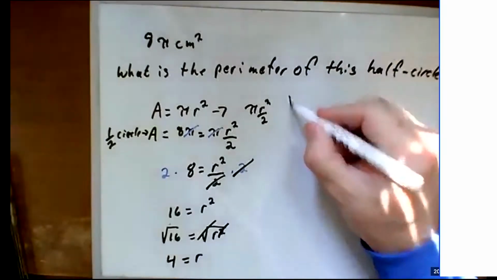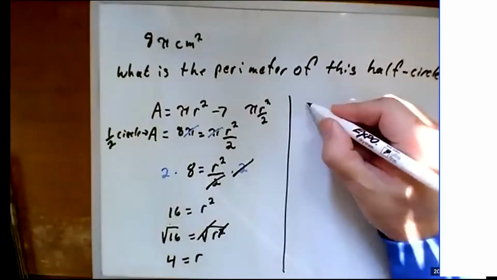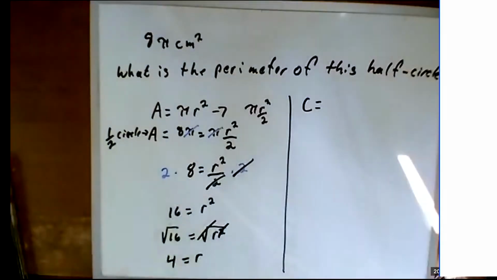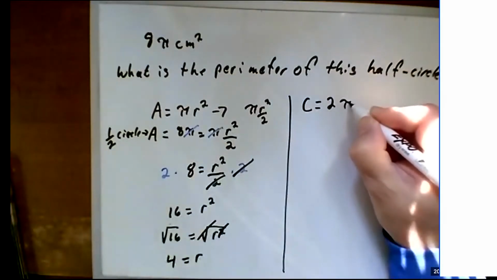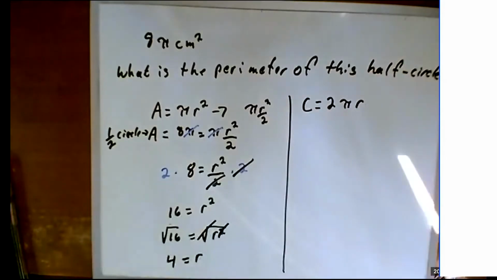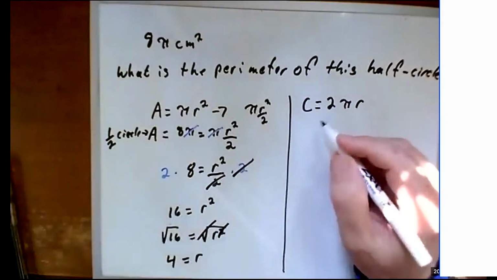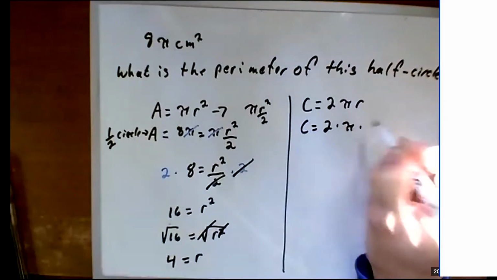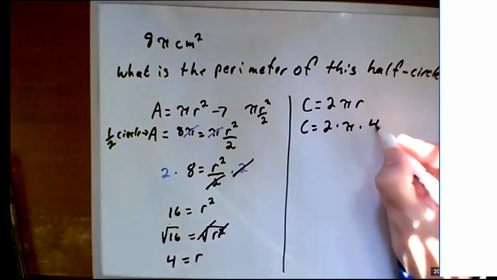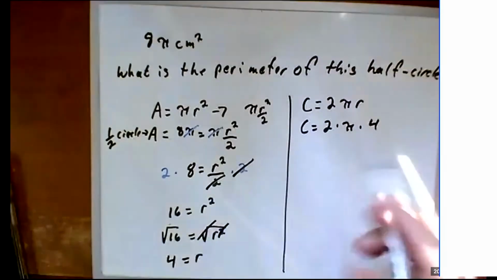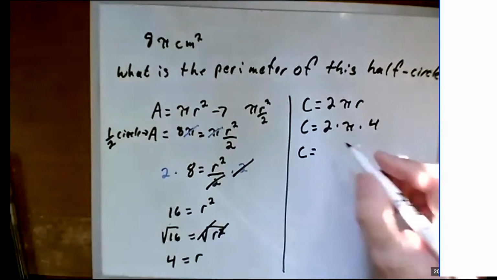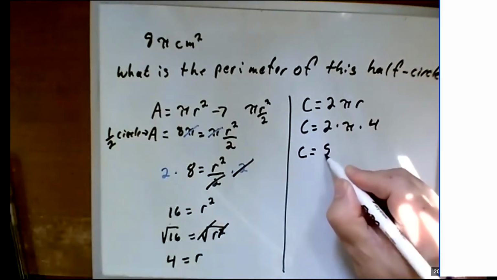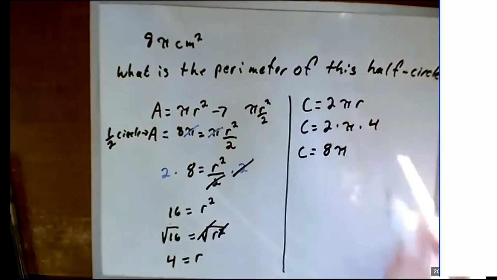Now, remembering that the perimeter in the case of a circle is called circumference, and that our formula for that is 2 pi r. My r in this case is 4, so my circumference is going to be 2 times pi times 4. 2 times 4 happens to be 8, so I end up with 8 pi.